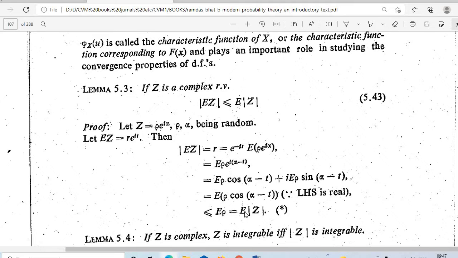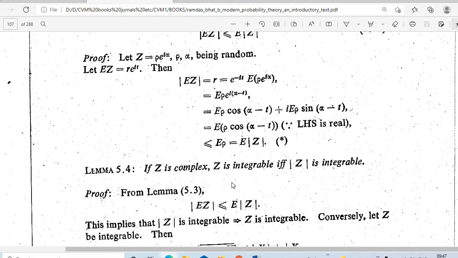So you can replace rho with the modulus of z, giving the expectation of the modulus of z. So we have obtained the result: the modulus of the expectation of z is less than or equal to the expectation of the modulus of z. That is a very interesting result. You can work it out in your notebook.